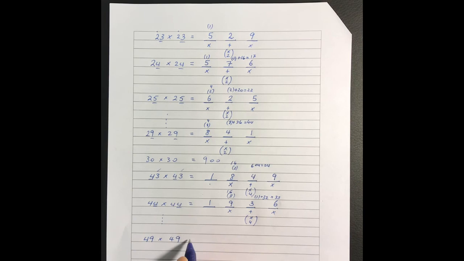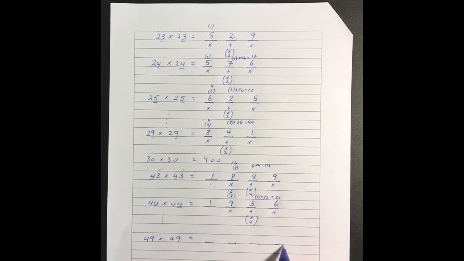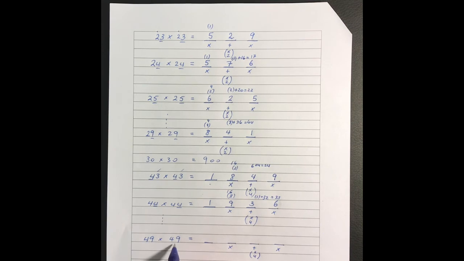Let's keep going with the 49. Let's see what 49 will look like. So it'll be times plus times. Let's not forget the 4. Okay, I'm looking at the 9. 9 times 9 is 81. So 1 down, 8 up. And then 9 plus 9 is 18.